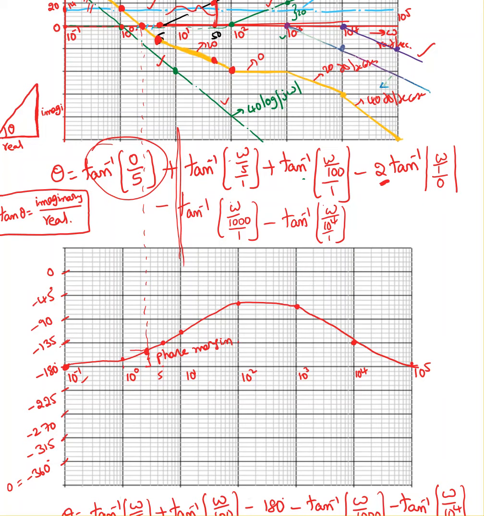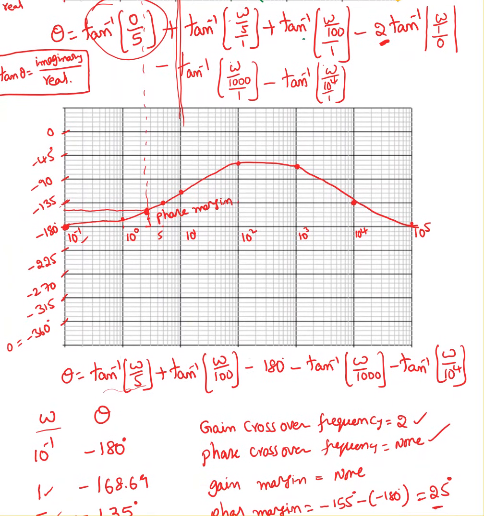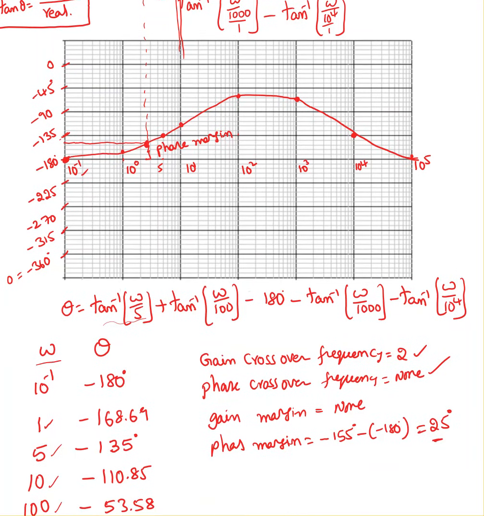I think this value is around minus 155, something like that, or maybe 140. These are all approximate numbers anyway, so I chose minus 155. So the phase margin is minus 155 minus minus 180 degrees, so I'll end up with 25 degrees. That is the phase margin. Gain margin, we don't have any gain margin in this example.